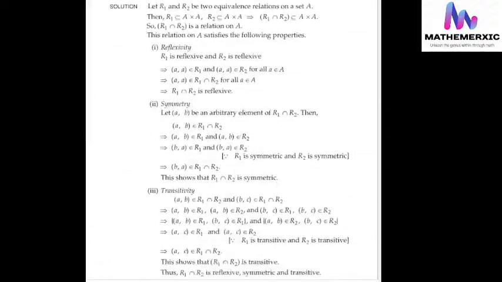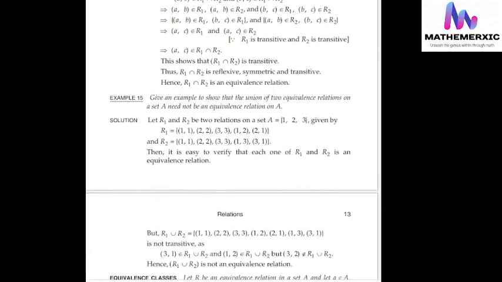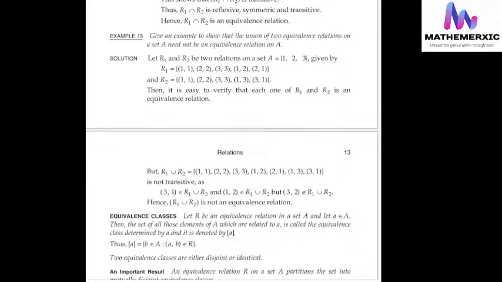Then obviously we will go forward. We can take this question as a reference, the 15th one.